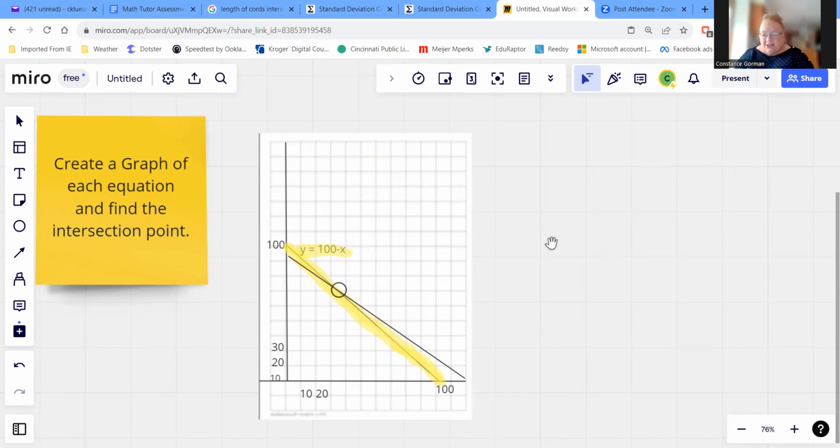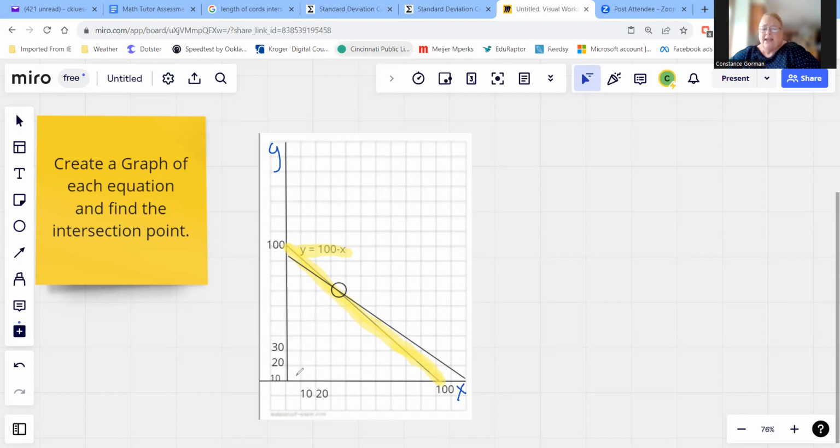The second one, not so easy, considering what I have is increments on this y-axis. So this is the y-axis and this is the x-axis. You have to be careful according to how much graph you have and what you make the value of each box.